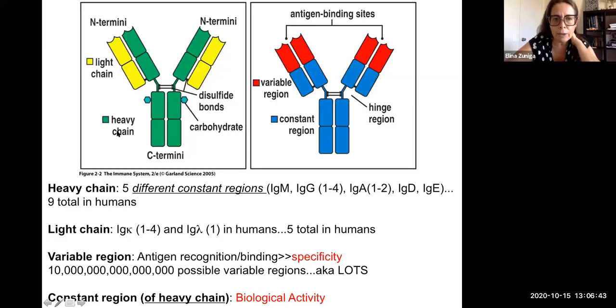Each light chain has a variable region and a constant region, and each heavy chain has a variable region and a constant region. And so the antigen binding site is formed by a combination of the variable region of the light chain and the variable region of the heavy chain.